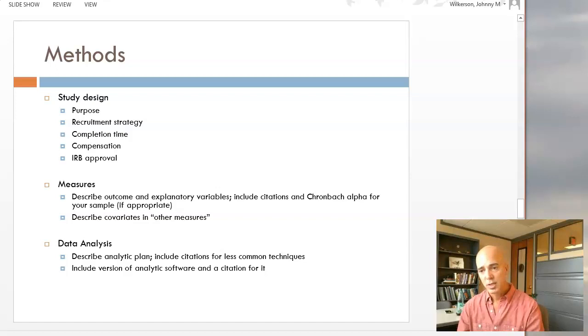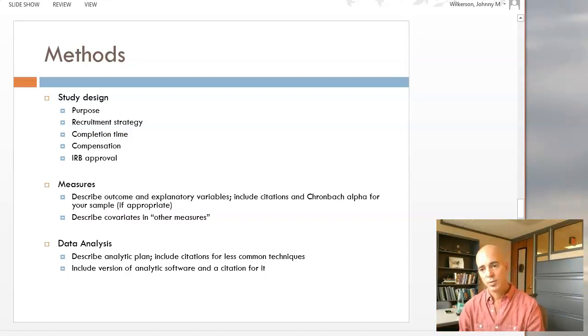Your measure section is next. You're going to describe your outcome and explanatory variables, include citations if you're using a scale, as well as the Cronbach alpha for that scale. And then you're going to describe your covariates, usually in a line item called other measures. So some people will write their measure section as one continuous text. I prefer to use subheaders.